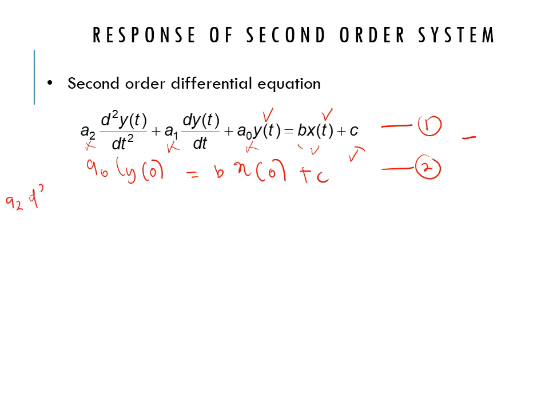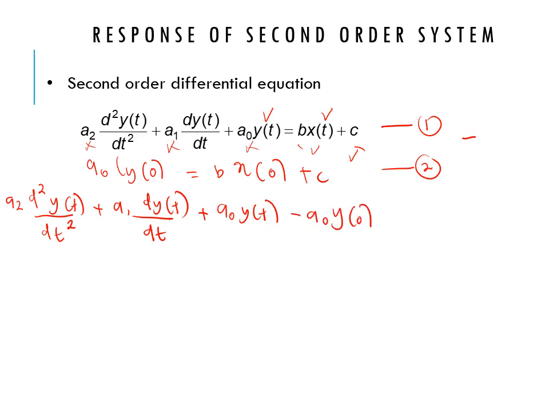a2 d2y(t) divided by dt squared plus a1 dy(t) divided by dt plus a0 y(t) minus a0 y0 equals b x(t) minus b x0, plus c minus c.